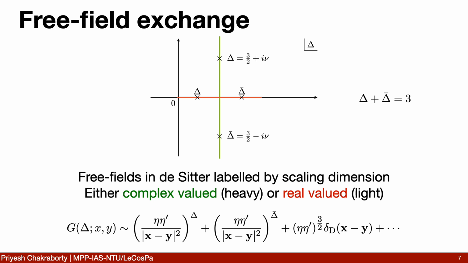Now, the scaling dimensions can either be complex if the field is heavy, or they can be real valued if your field is light. Now, in lieu of the mass, I will, as is conventional, refer to this parameter nu occasionally.